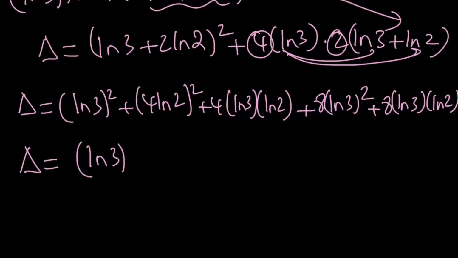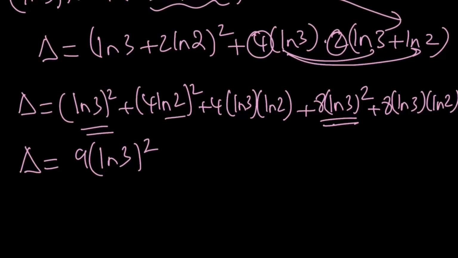ln 3 squared plus 8 ln 3 squared gives me 9 ln 3 squared. So we've taken care of these two. And then I've got 4 ln 2 squared. Then I have 4 ln 3 ln 2 and 8 ln 3 ln 2.